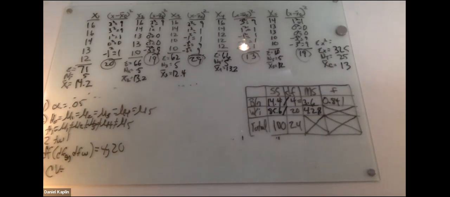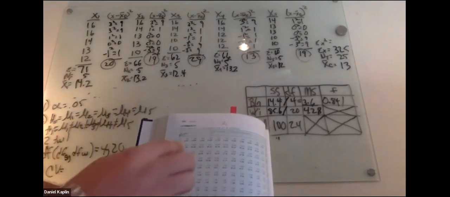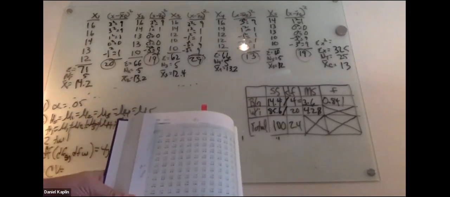For that, I'm going to need to go in the back of my book, and we're going to find our critical value that way. So let me get my book out. At this point, you need to go to the table that says critical value of F. It's very important to know, you go across, then down.